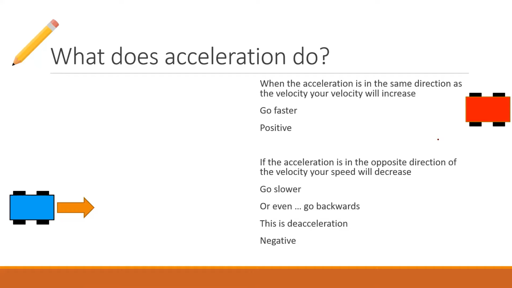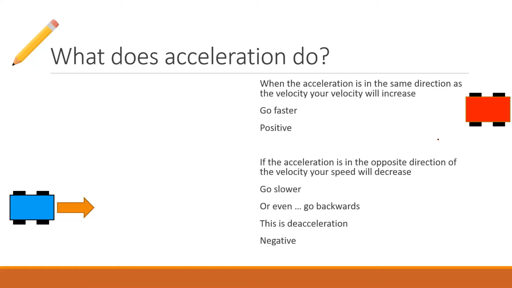If the acceleration is in the opposite direction of your velocity, your speed will decrease. It'll do the opposite thing. You'll change your speed because that's what acceleration does. Acceleration changes your speed, but instead of making it go more, you'll make it go less. This is going slower.